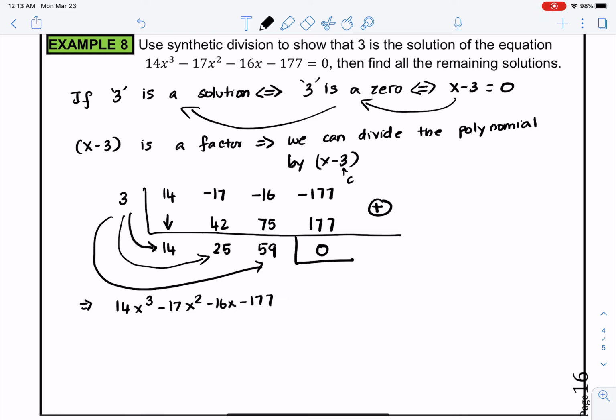can be written as the divisor, x minus 3, times the quotient, and we always start the quotient at degree 1 less than the original polynomial. So we start at x squared. The coefficient of x squared is 14.